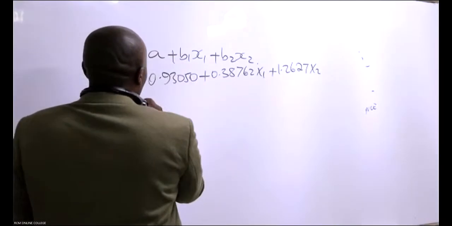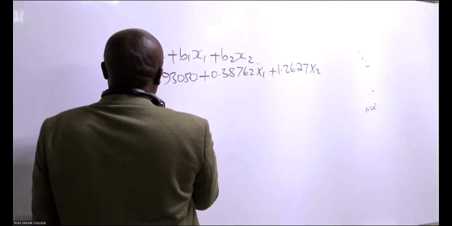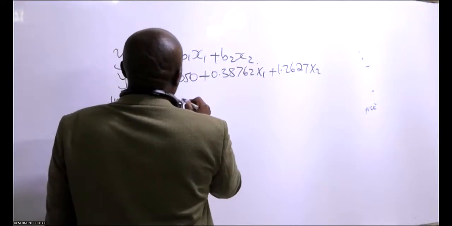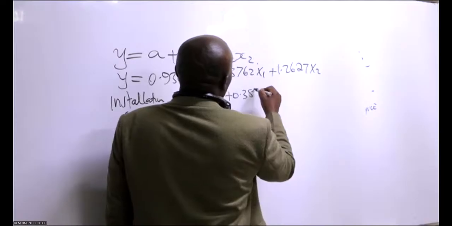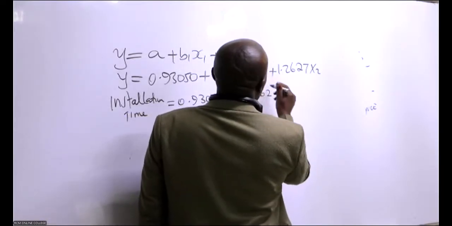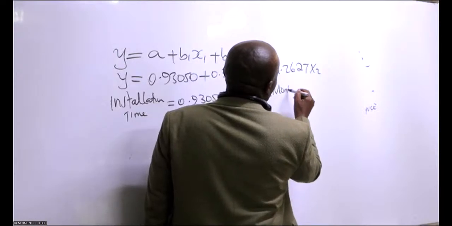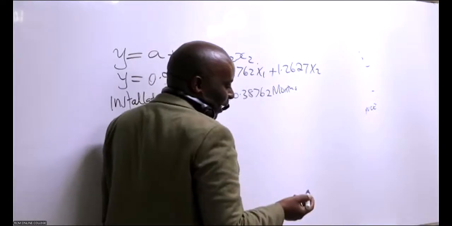But just to demonstrate broad understanding of the subject, installation time will be equal to 0.93050 plus 0.38762 x1. X1 stands for number of months. It's written there.